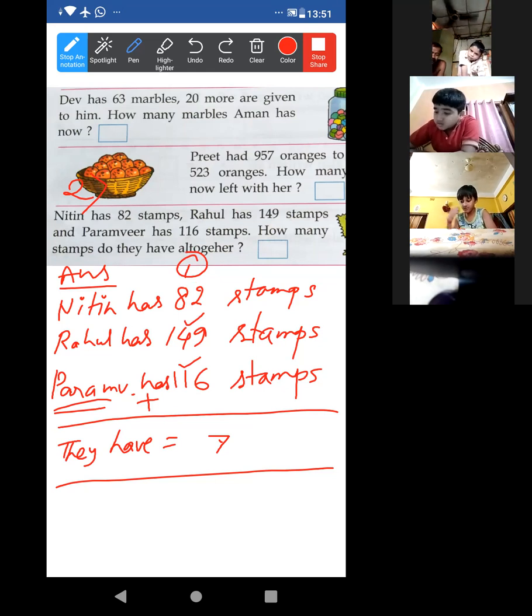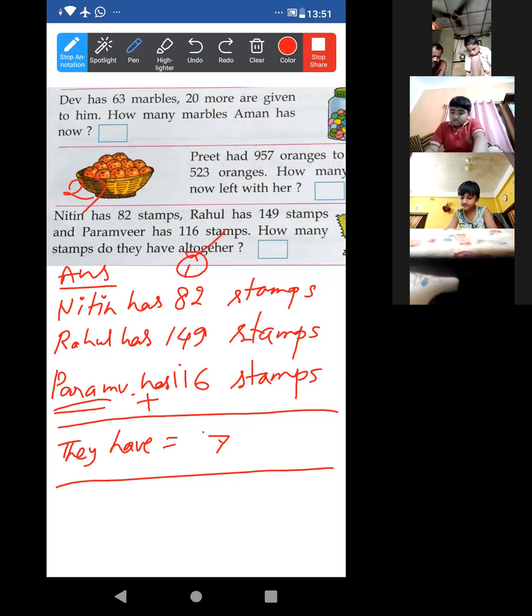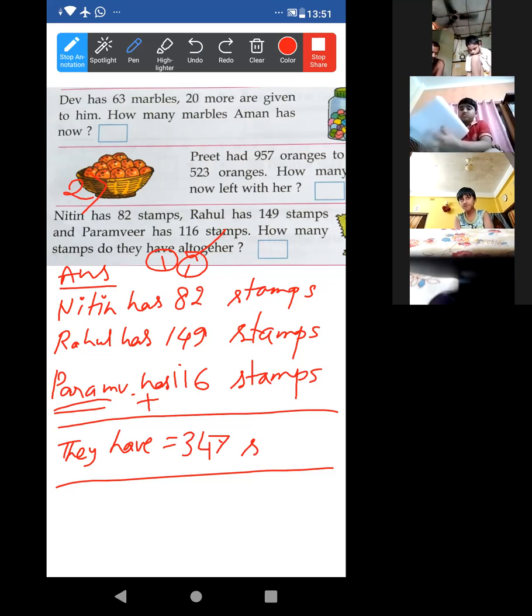These 3, just add them. 1 plus 4, 5. 5 plus 8, 6, 7, 8, 9, 10, 11, 12, 13. Plus this carry forward digit, 14. 4, again 1 is carried over there. Now this 1 plus 1, this carried forward digit, just 3. They have these stamps all together.